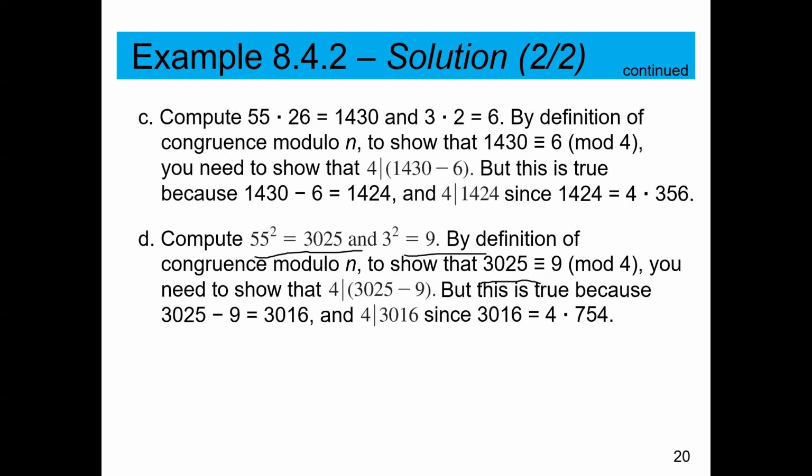What about when we multiply them? This is where I think it comes in really nice: multiplication and exponents. Because you could have done this and then found this, which is a really big number to try to find mod 4. But 3 times 2 is 6, which mod 4 is 2. It turns out that this is congruent to 2 mod 4.